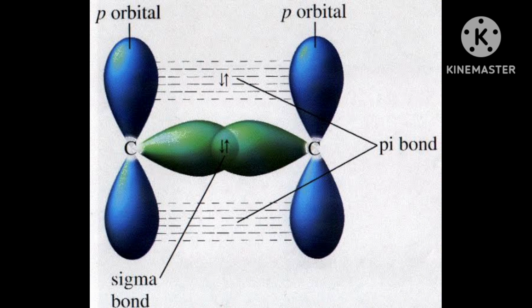When it breaks, cracking takes place. A long chain hydrocarbon is there, and if you heat it, it will decompose into smaller groups. Sometimes a double bond will also be there.